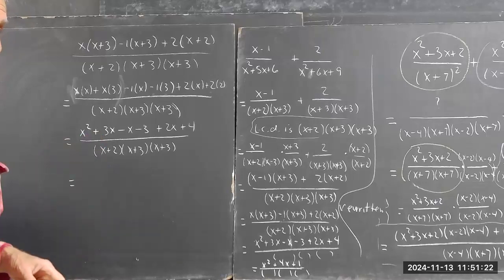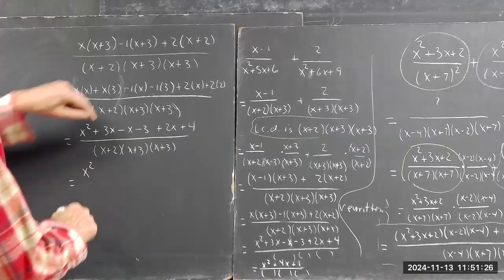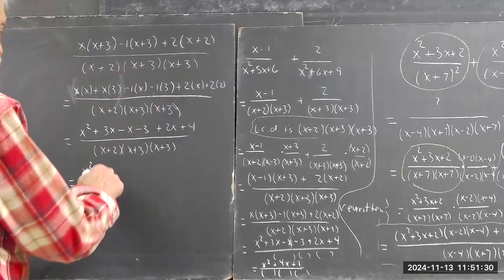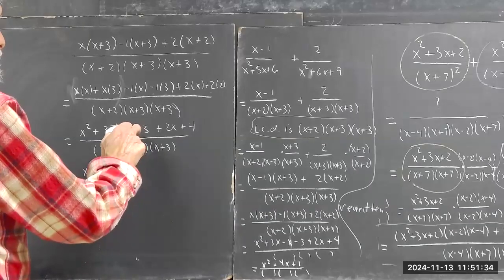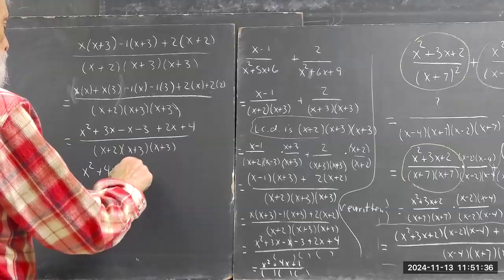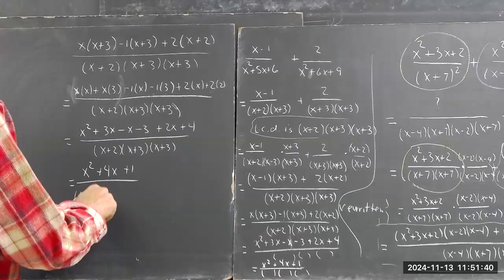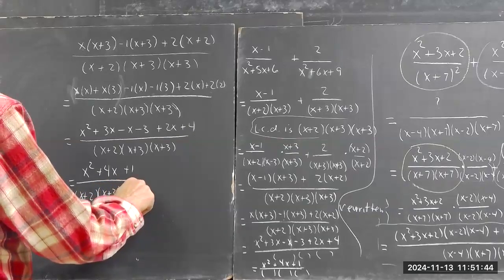So that's why it's plus. Now, that's going to give us x squared. 3x minus x is 2x, but then 2 more x is 4x. And then minus 3 plus 4 is plus 1. And it's over x plus 2 times x plus 3 times x plus 3.